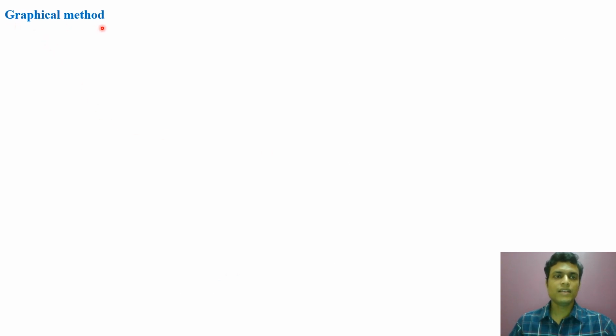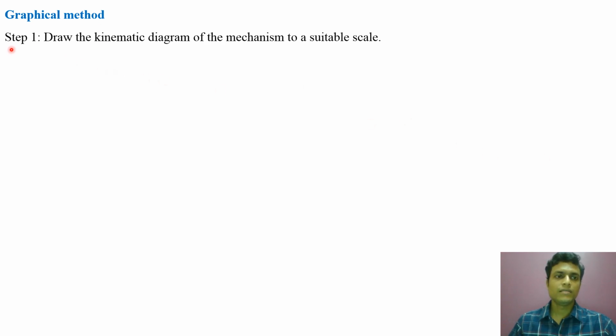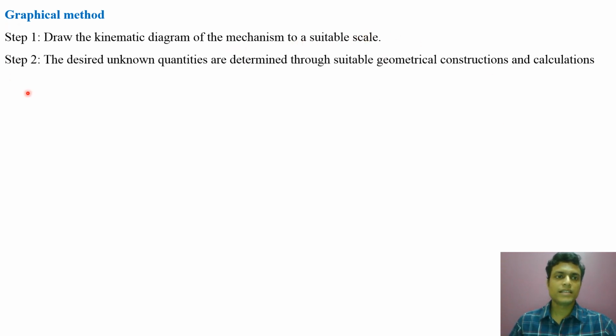Let us start with the graphical method. So what are the steps in the graphical method? In step 1, we have to draw the kinematic diagram of the mechanism to a suitable scale. The second step, the desired unknown quantities, that are displacement, velocity and acceleration, are determined through suitable geometrical constructions.